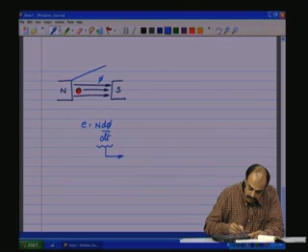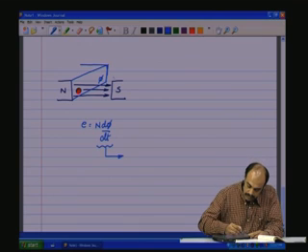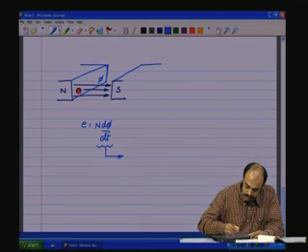let us just modify the figure, okay, and then we have this.